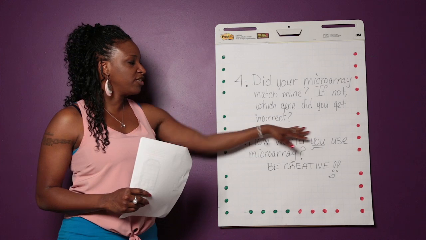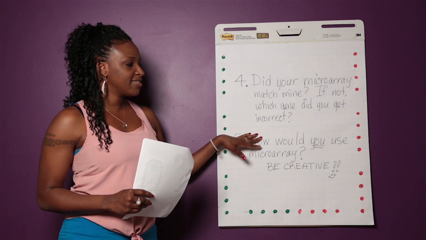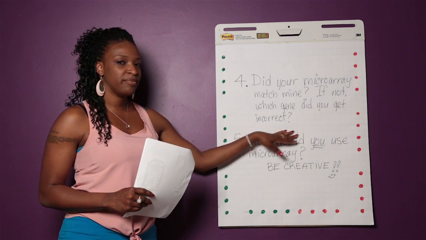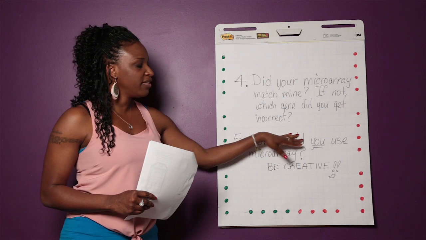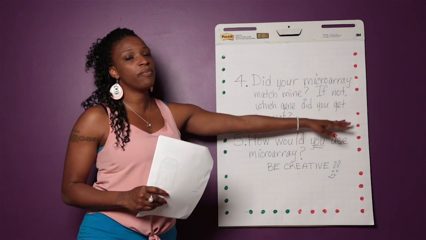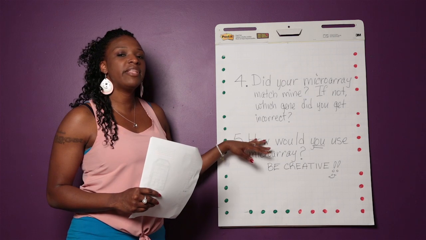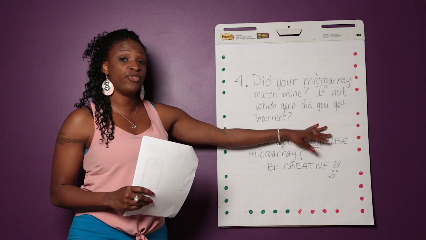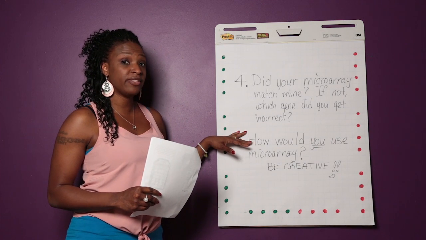Now this question is going to take some thought because I want you to really analyze the results. And if you have a discrepancy from your microarray and my microarray, it doesn't mean that my microarray has to be correct. Yours could be correct as well.